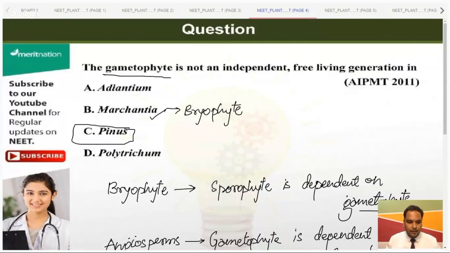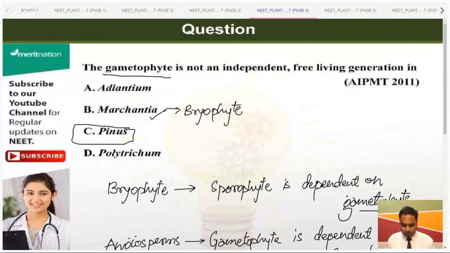So the question can be asked here. This is a very simple thing. The gametophyte is not an independent free living generation. The other way to ask is, in which of the plants the gametophyte is dependent on sporophyte. This is another way of asking.